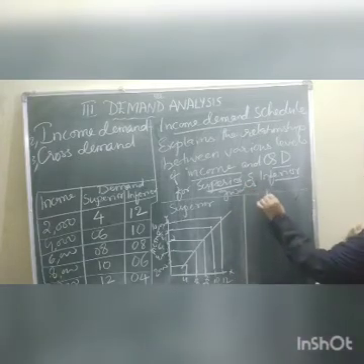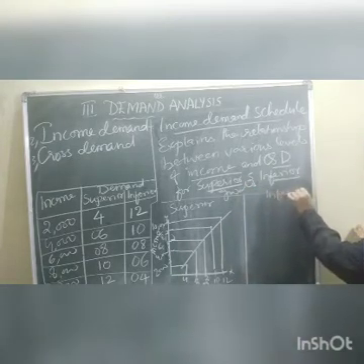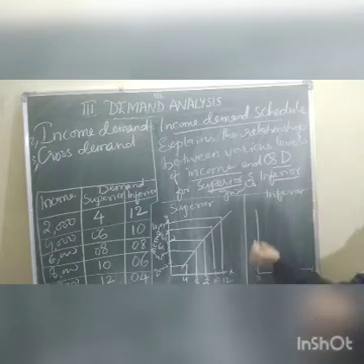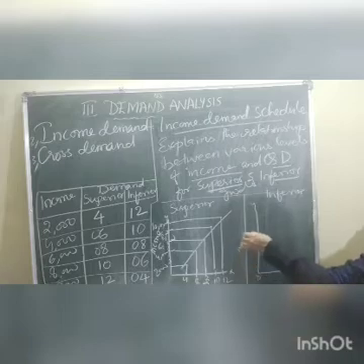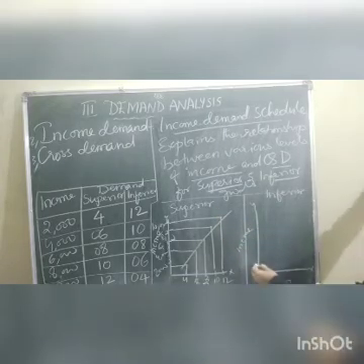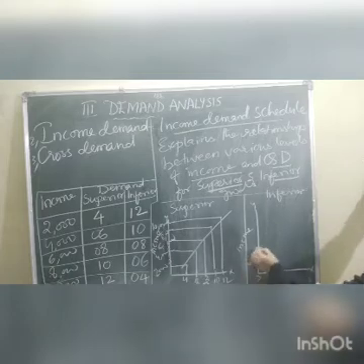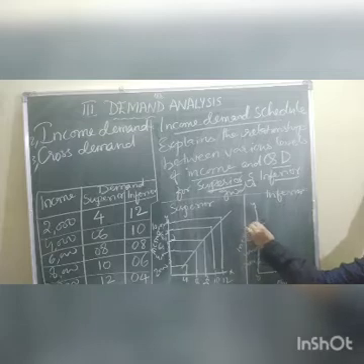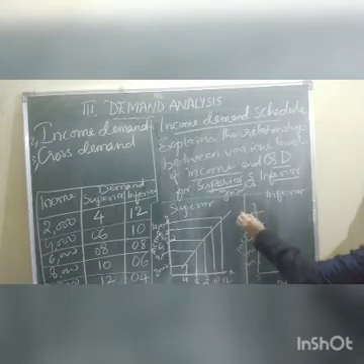What about inferior goods? The same we have to draw, children. For inferior goods, once again, OX and OY. This is income and this is quantity demanded. What is income, once again? It starts with 2,000, 4,000, 6,000, 8,000 and 10,000.